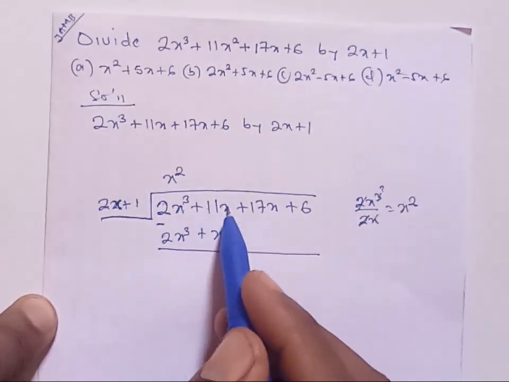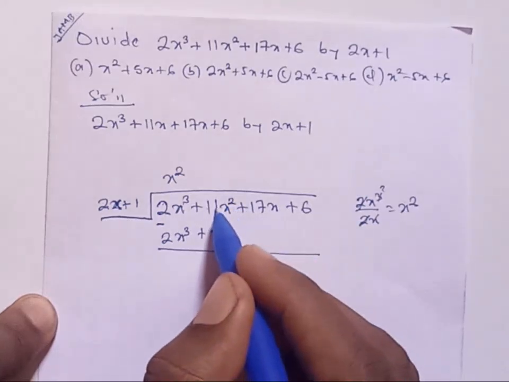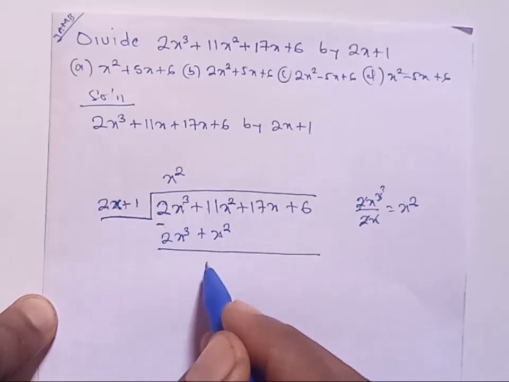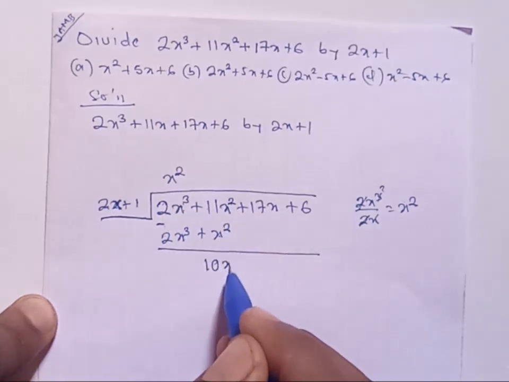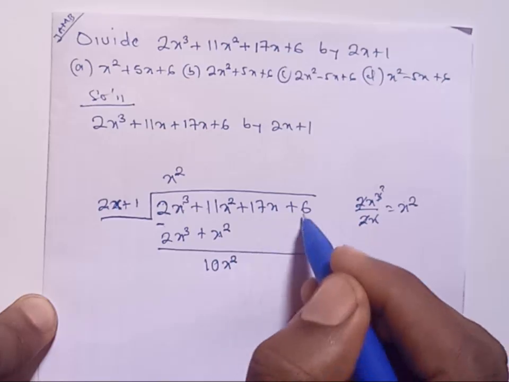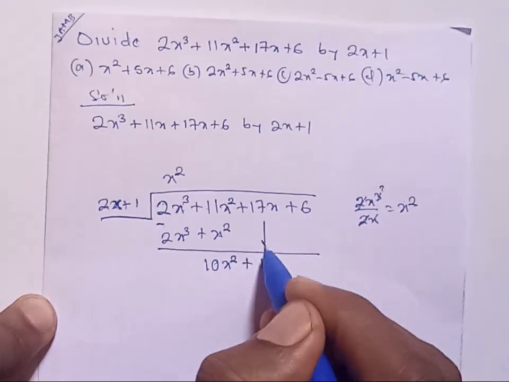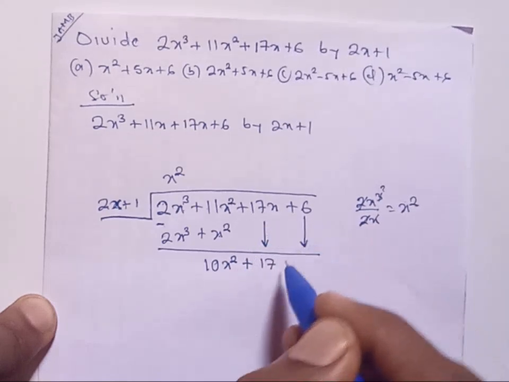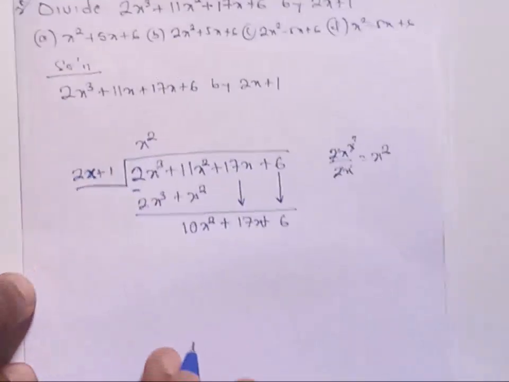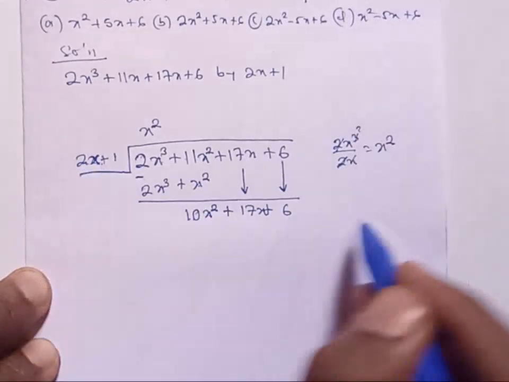Then 11x squared minus x squared, we have 10x squared. Then we bring down plus 17x and then plus 6.